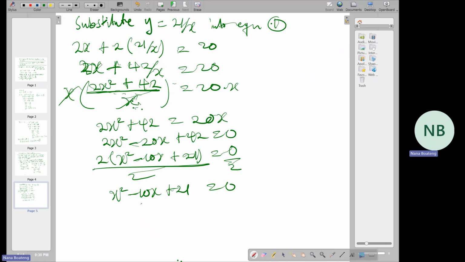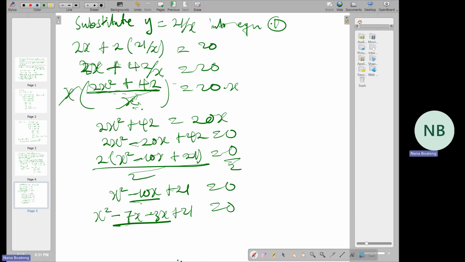We can write 10x as negative 7x minus 3x, because the factors of 21 are 7 and 3. So we can write this as x squared minus 7x minus 3x plus 21 is equal to 0, because minus 7x minus 3x is the same as minus 10x.